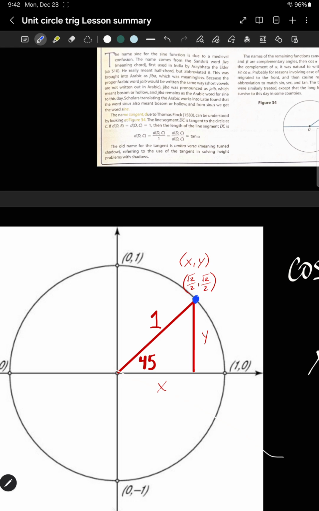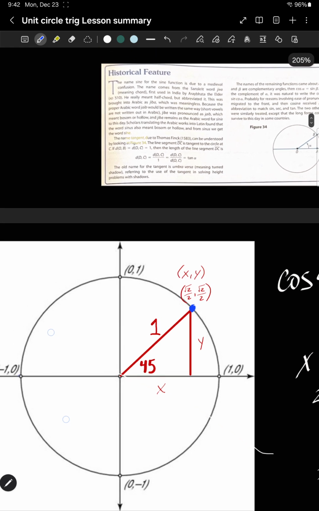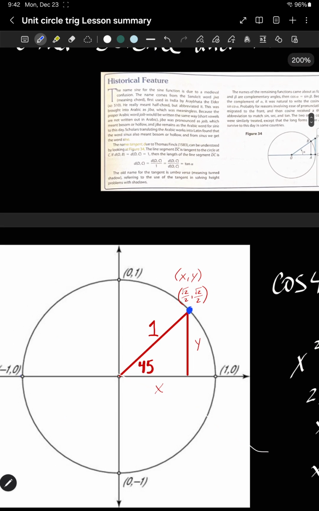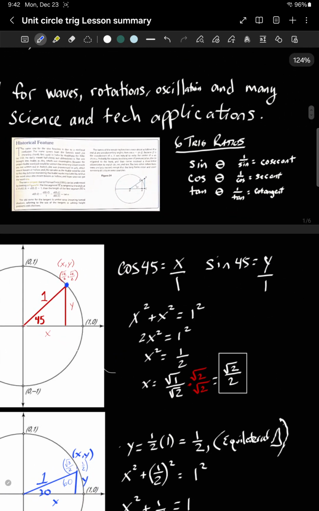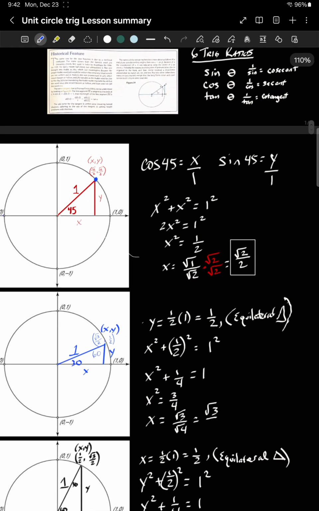The largest y value could be 1. And then if we go over to the left, -1 is the furthest left we can go, and -1 in the y direction is the furthest we can go. So these triangles will change shape, keeping the radius of 1, and the coordinates will change as well. Okay, so that's how we can figure out these coordinates using what we know with the Pythagorean theorem.